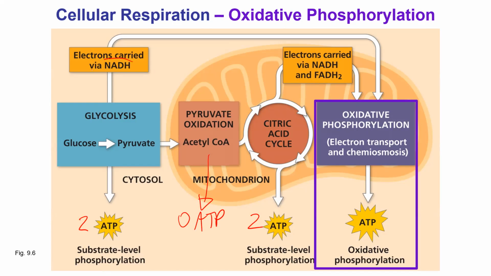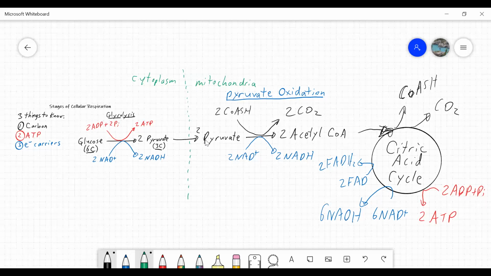But remember, we have all these NADHs and FADH2s. We have another NADH here. These are all going to go to the electron transport chain. And there we're going to make a whole bunch of ATP. And that's what we're going to get into next day. So let me just go back to our diagram. And for completion, I'm going to add that last thing.